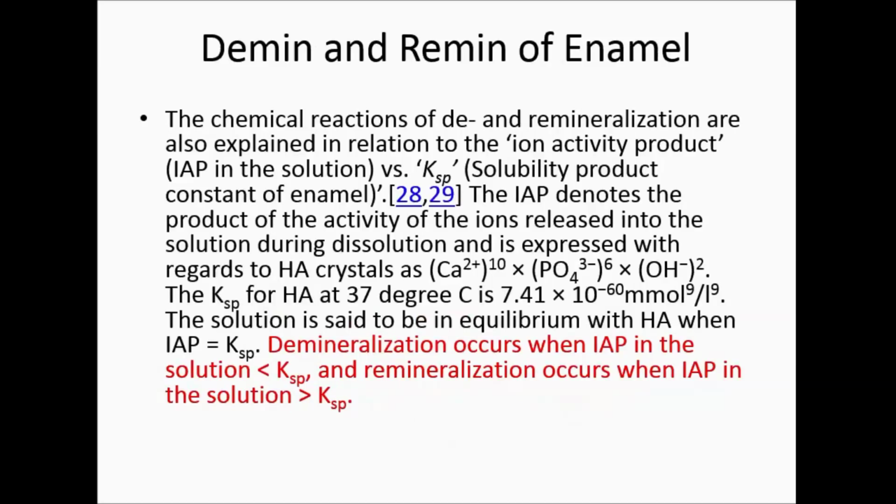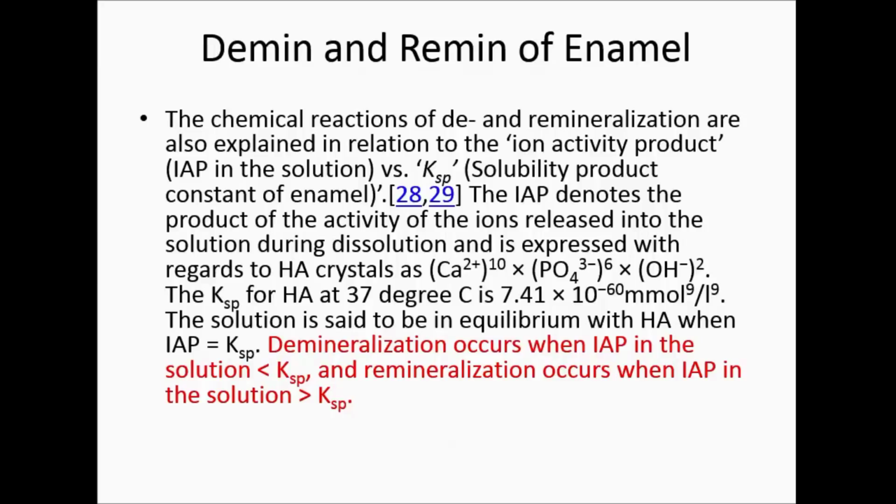The chemical reactions of demineralization and remineralization are also explained in relation to the ion activity product in the solution versus the KSP, the solubility product constant of enamel.